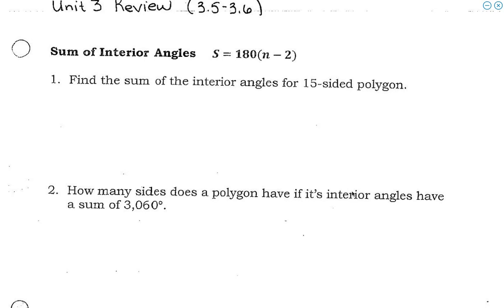So the one thing you have to pay attention to when we use this formula, did I give you something to plug in for N, or did I give you something to plug in for S? Plug in N. Right, so here, 15-sided polygon. N equals 15 right here. So the number of sides is N. S is the sum.